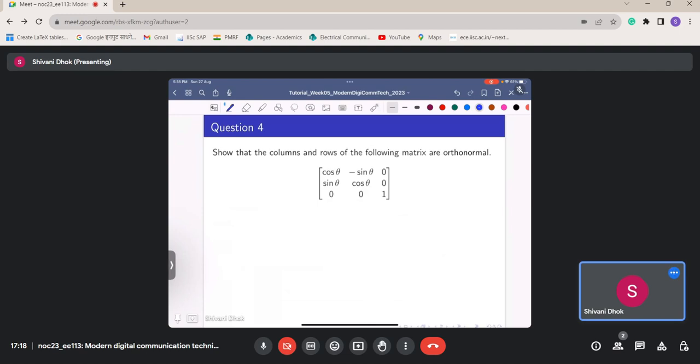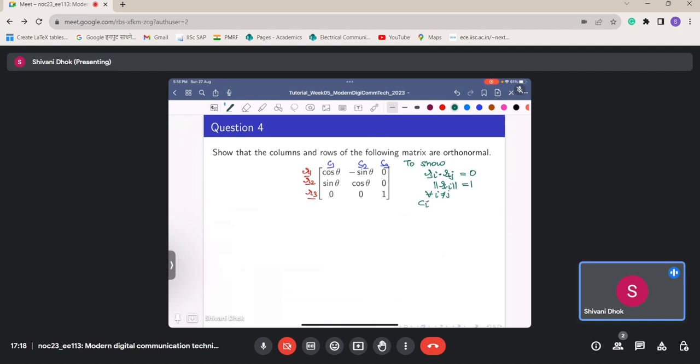So what we have here is, let's say this is C1, this is C2, and C3. This is R1, this is R2, this is R3, and we need to show Ri dot Rj equal to 0 and norm of Ri equal to 1 for all i not equal to j.